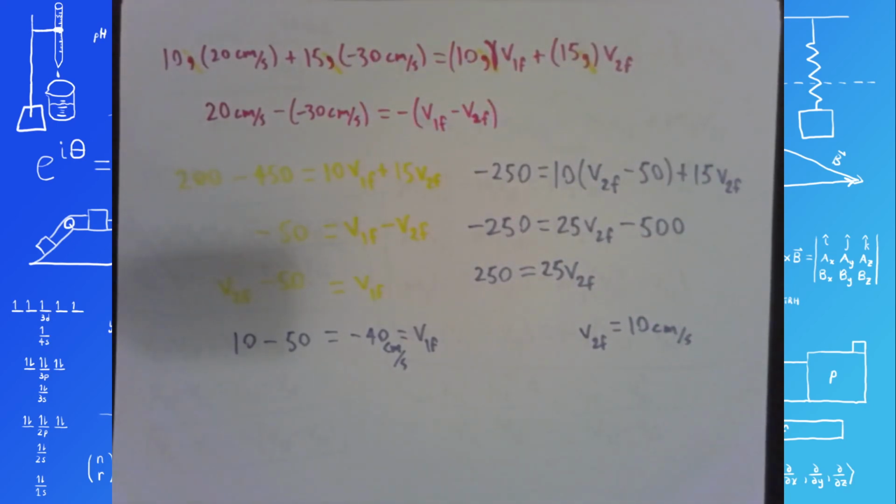So yeah, it all checks out. And that takes care of an elastic collision problem with two unknown final velocities.